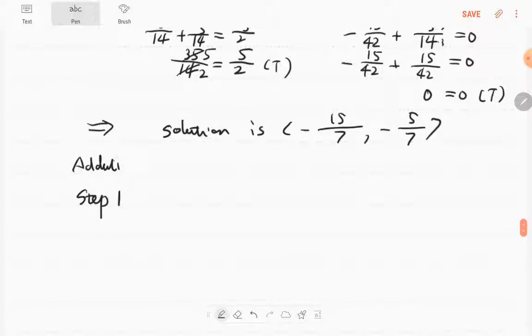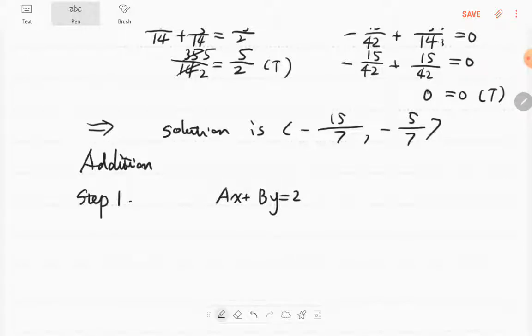We just want to summarize this. Addition rule. Step 1. First, we should make sure we use the standard form of the equation.